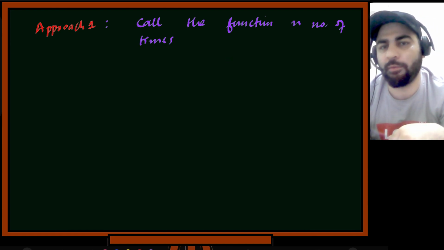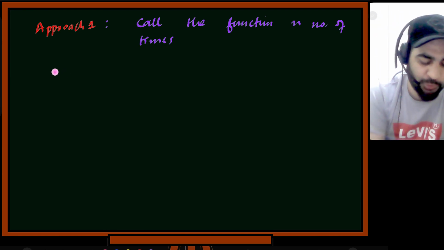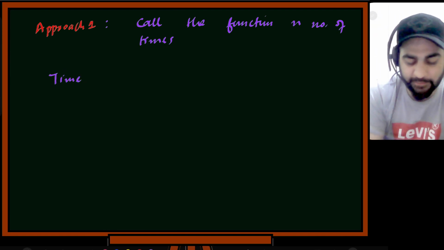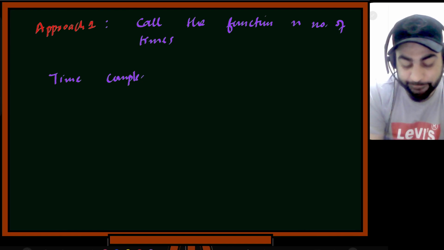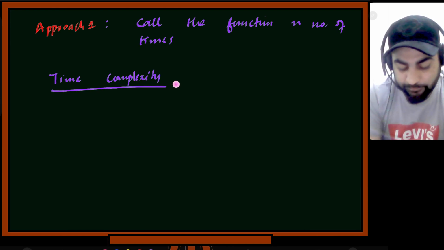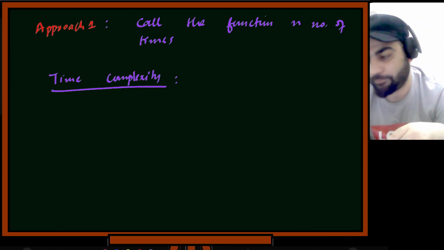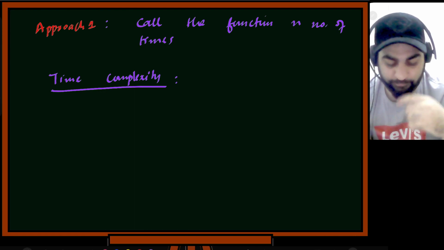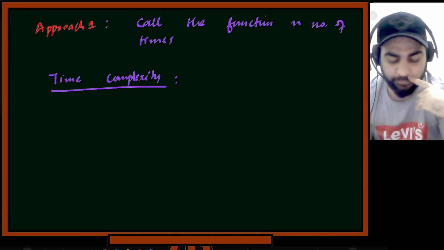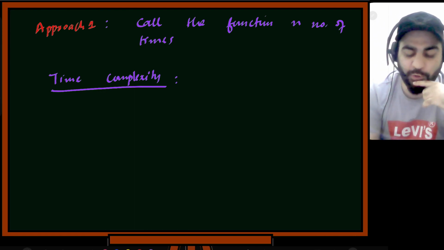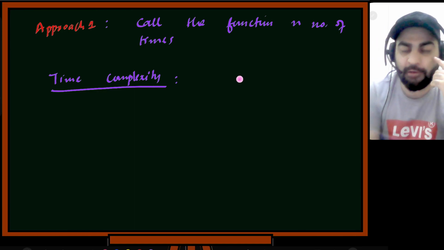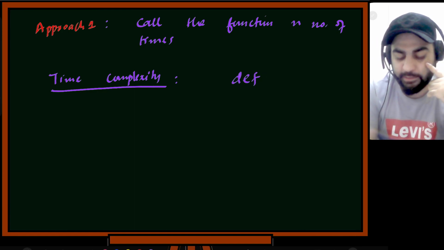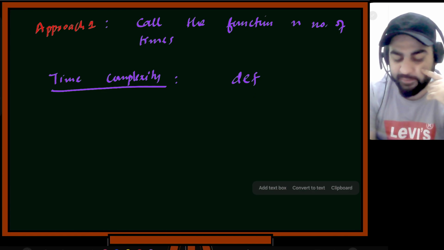Okay, so first let's see the time complexity. How much time will it take? What do you think? Analyze the time, because you are calling that function, which is storing something and shifting the elements.